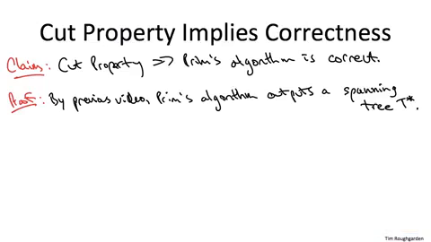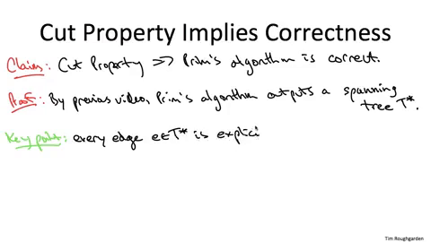Well, it brute force searches through the edges that cross this cut, and it adds the cheapest one of them. Well, that is right in the wheelhouse of the cut property. What does the cut property say? It says cheapest edges crossing cuts have to be in the MST. So they just fit together beautifully. Prim's algorithm explicitly picks an edge at each iteration which satisfies the hypothesis of the cut property and therefore has to be in the MST.